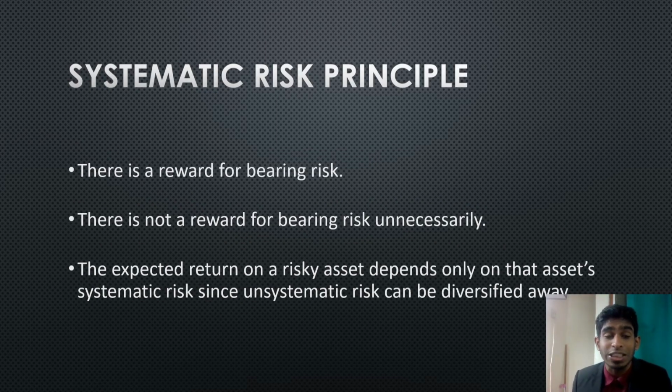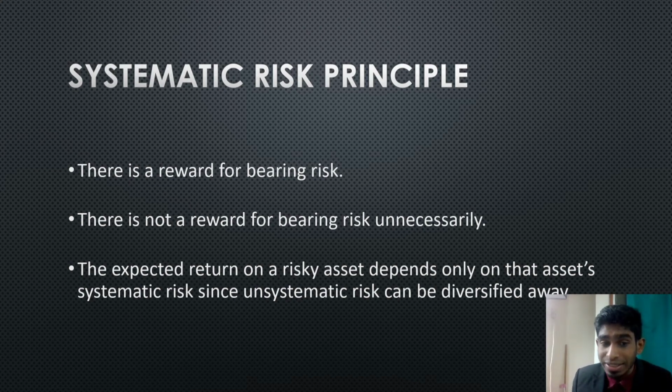Systematic risk principle. Tadi kita nampak systematic risk dan unsystematic risk kan. Ini untuk systematic risk pula. Bagi systematic risk, there is a reward for bearing risk. Seterusnya, there is not a reward for bearing risk unnecessarily.